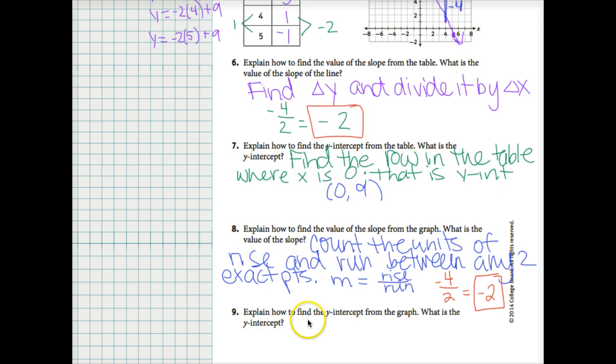Number 9, explain how to find the y-intercept from the graph. That, again, is just by definition. Find the point where the graph hits the y-axis.